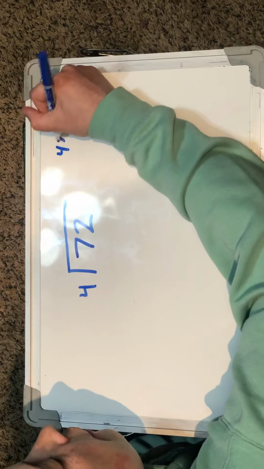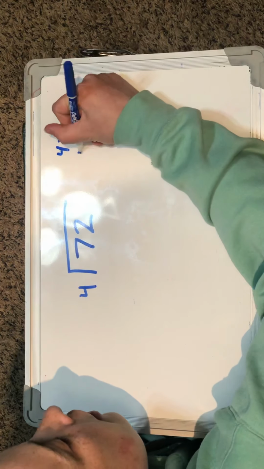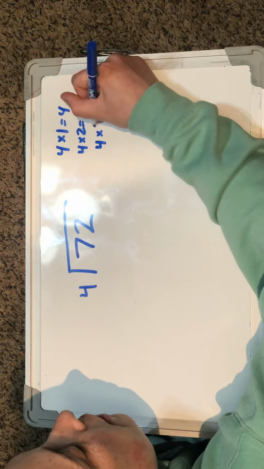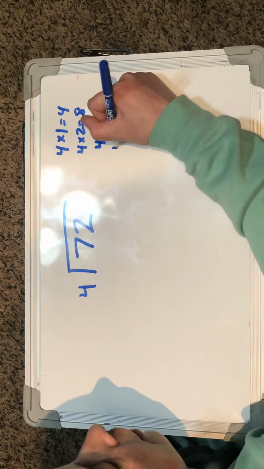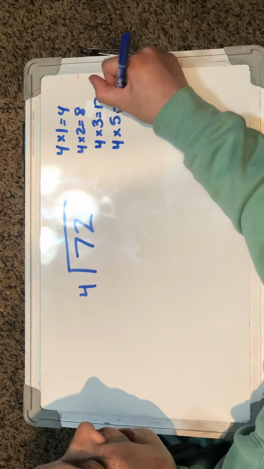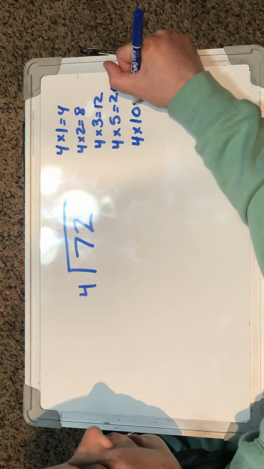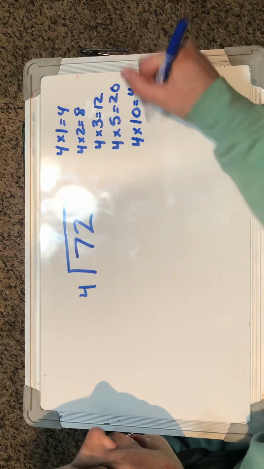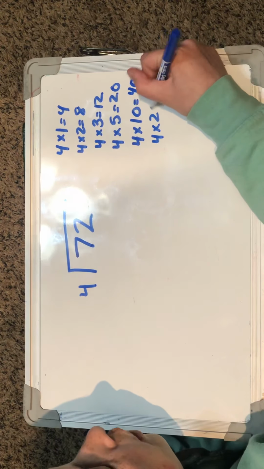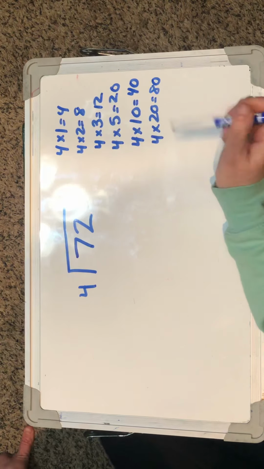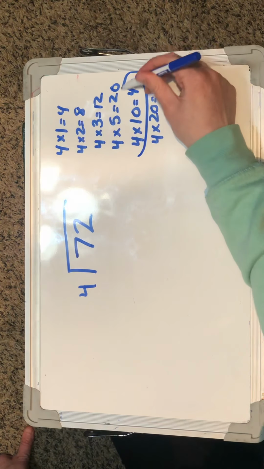This was when you said 4 times 1 is 4. 4 times 2, that would be 8. 4 times 3 is 12. 4 times maybe 5 is 20. 4 times 10 equals 40. 4 times 20 equals 80. Remember when we did this? 80 is too big. So I'm going to start here.